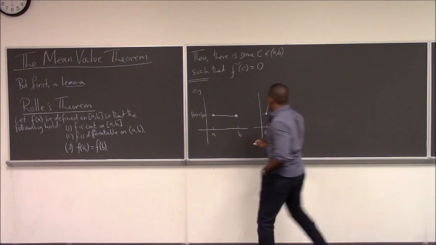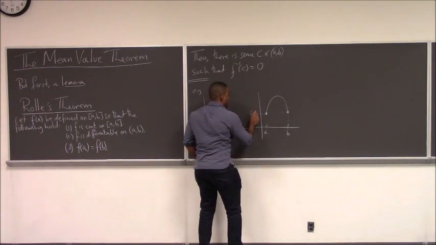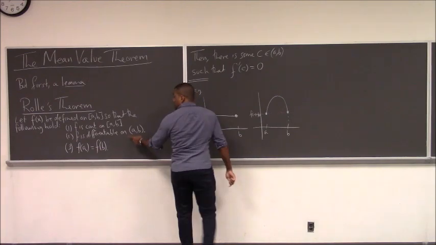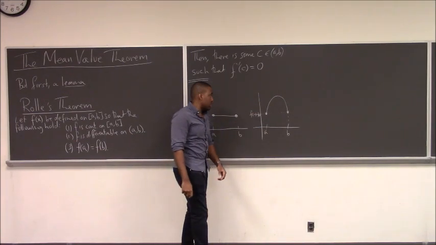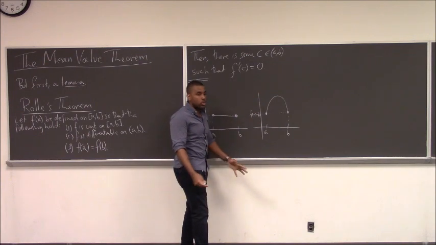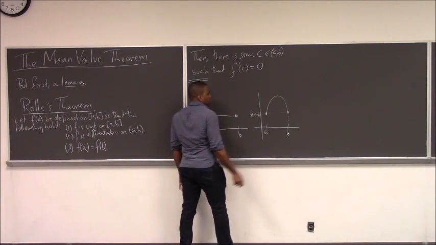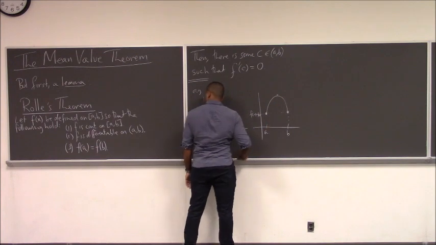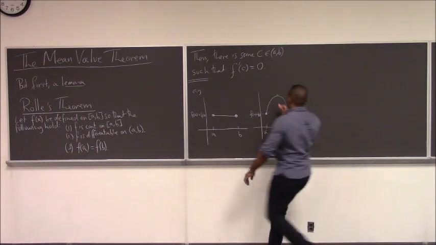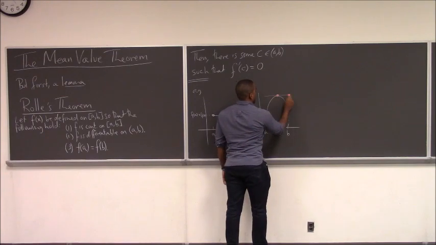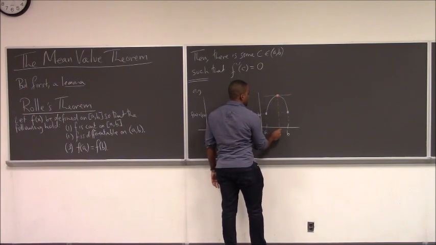But the y values are the same. f of a equals f of b. Now, because it's differentiable everywhere in the open interval, we know that nothing like a sharp corner is going to happen. So it'll be smooth in this kind of way. And you'll realize that I could pick this point as c. That will have a horizontal tangent line, so my c is there.